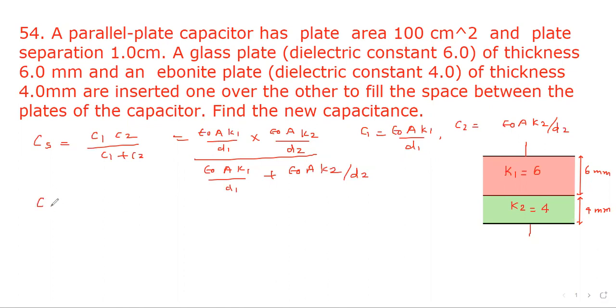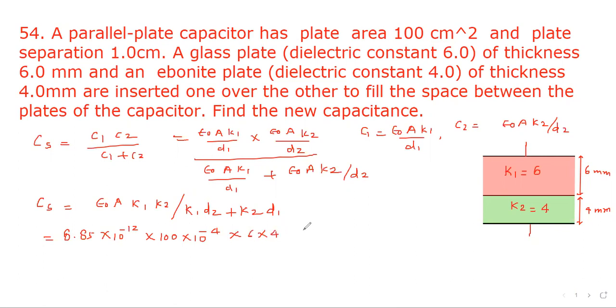Now we further simplify. Cs will be equal to epsilon naught A times K1 K2, whole divided by K1 D2 plus K2 D1. Now let's put the values. 8.85 into 10 to the power minus 12 into plate area 100 cm square, that is 10 to the power minus 4, into K1 is 6, K2 is 4, whole divided by K1 D2.